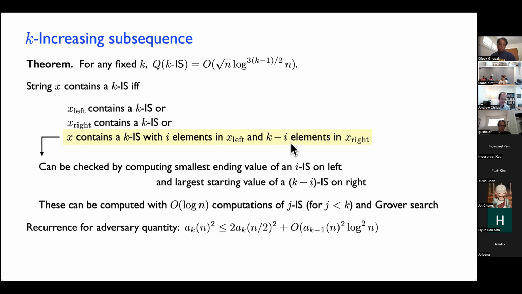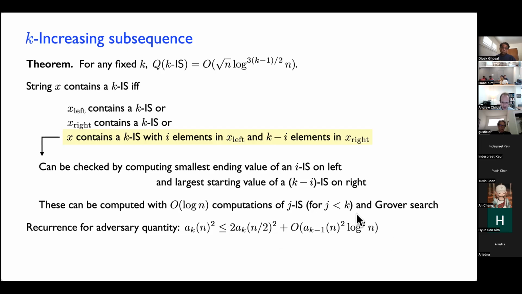Then the recurrence that you get for the adversary quantity is as follows. We have to solve the problem on the left and on the right, so that's two instances of half the size, but again we're adding up in quadrature because it's the adversary quantity.